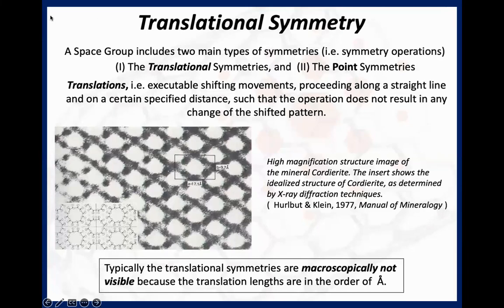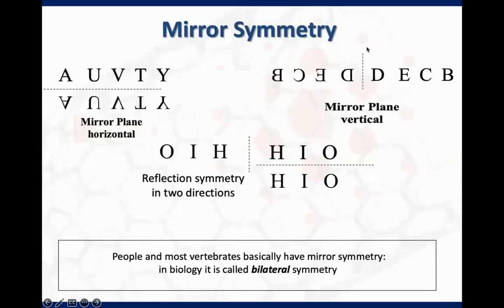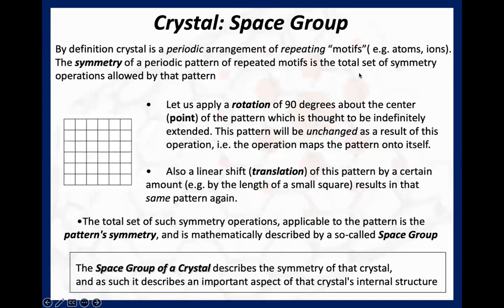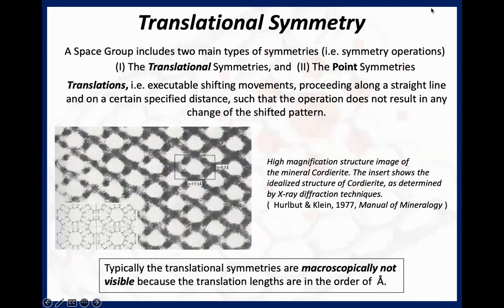Okay, let's start from the point where we stopped last week. We discussed the symmetries, right? The symmetric operations, or different types of symmetries that we can observe in crystals.